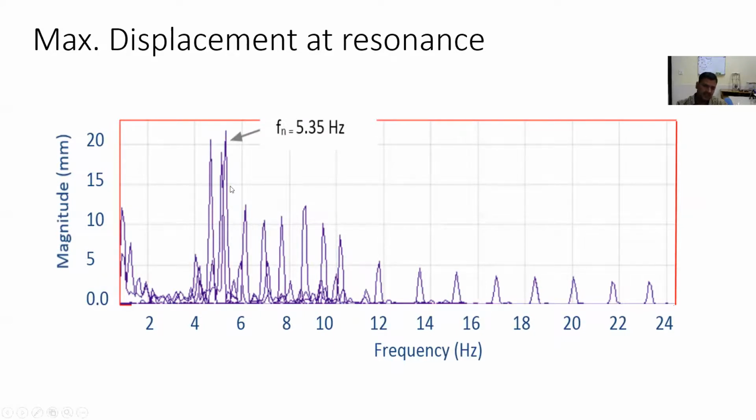You can see these are all higher, nearby the natural frequency, and this is my operating speed. I have got the maximum amplitudes, and this was the resonance. Now here the resonance frequency is 5.35 hertz, and it's less than the originally calculated frequency. This is because our actual machine has some damping properties, and that's why the natural frequency is less.